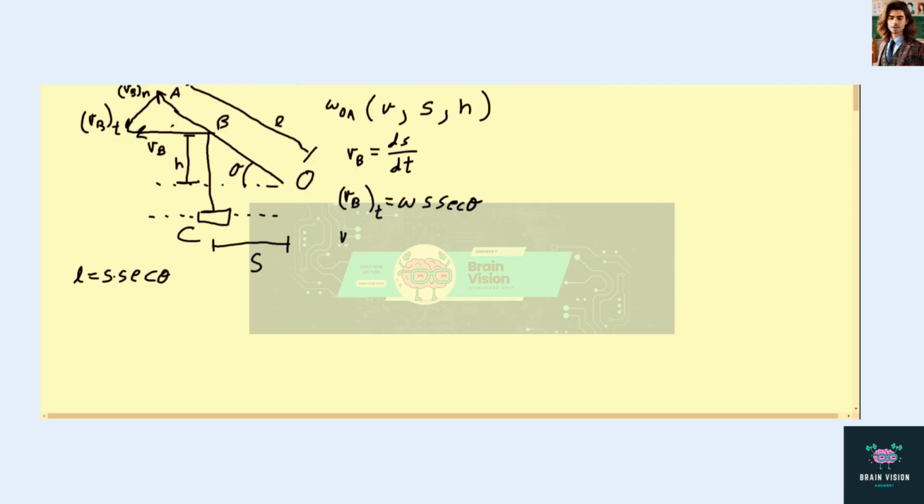Now we also need the normal component of that velocity. And the normal component of the velocity will be just how fast our length L is changing over time.